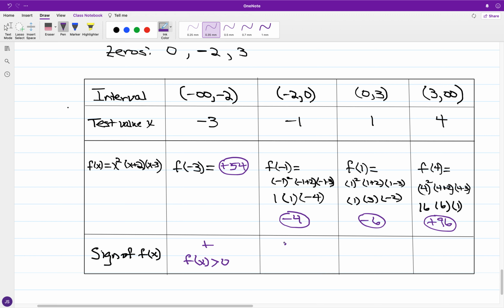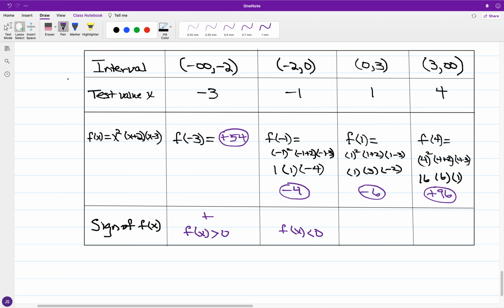Anything between -2 and 0 is going to be a negative output, so f of x is less than 0. Likewise, anything greater than 0 and less than 3, you're going to have a negative output. And anything greater than 3 for the input, the output is going to be positive.